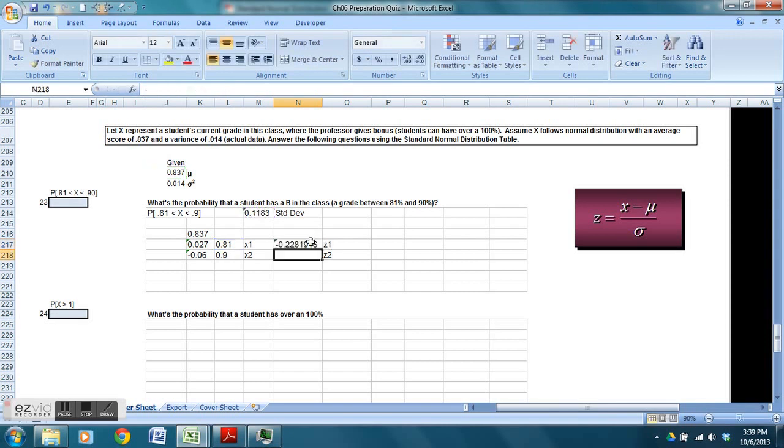Careful, it's the standard deviation, not the variance. So there's z1 and there's z2, and we can plug this in right away and say now that we know what z1 and z2 are, we can just sub those z1 and z2 in for our x1 and x2 variables.